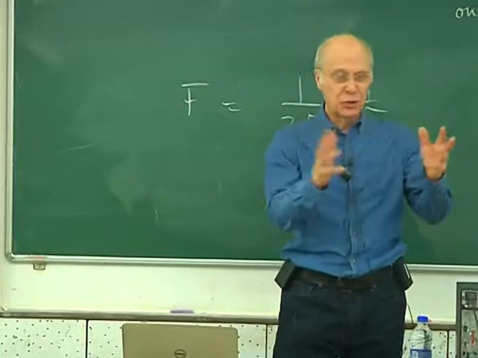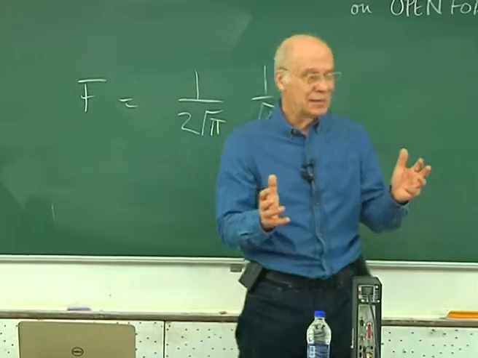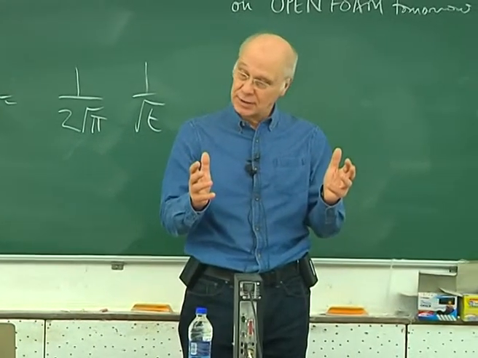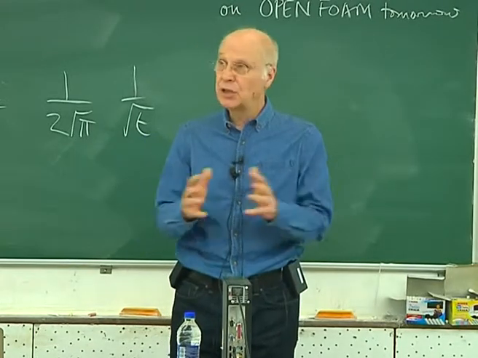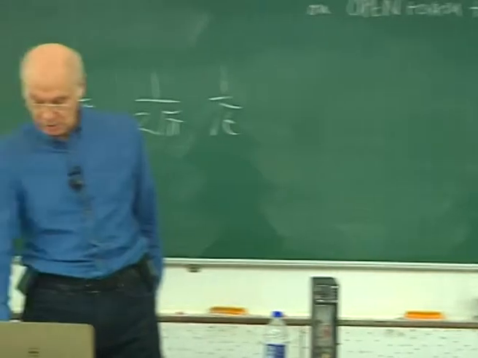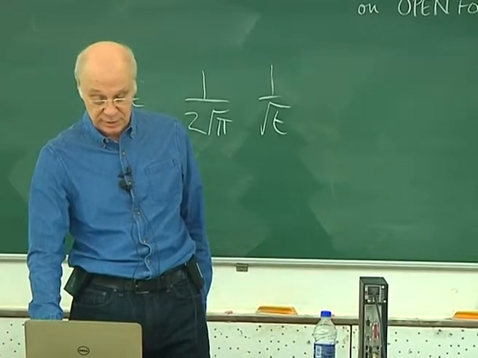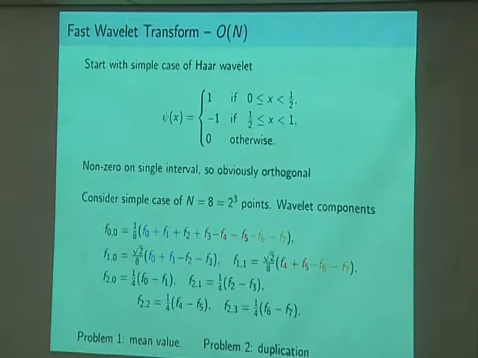Now, the discrete wavelet transformation is an n log n operation. And the nice thing is there is a fast discrete wavelet transformation, which is only order n, rather than n log n. Not much of an advantage. So it's very difficult to explain this unless you take a course of pure mathematics for several weeks.